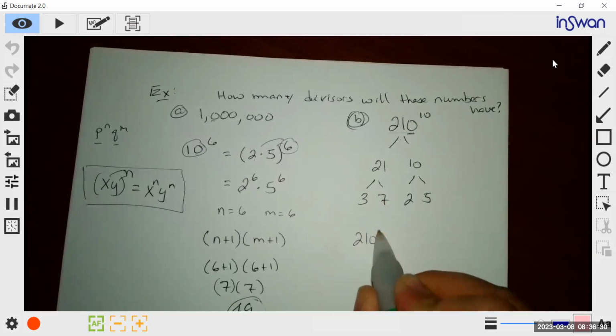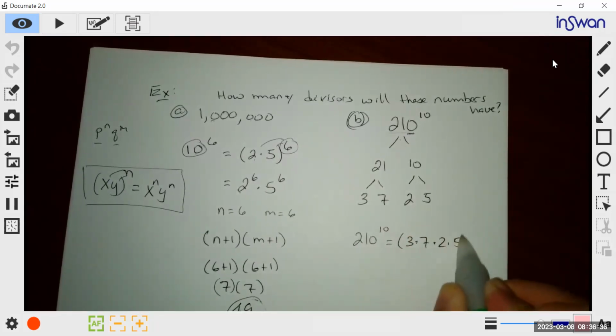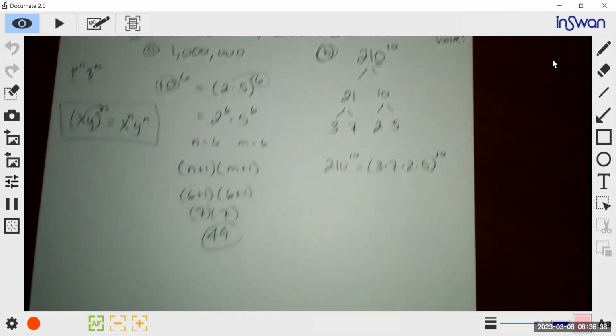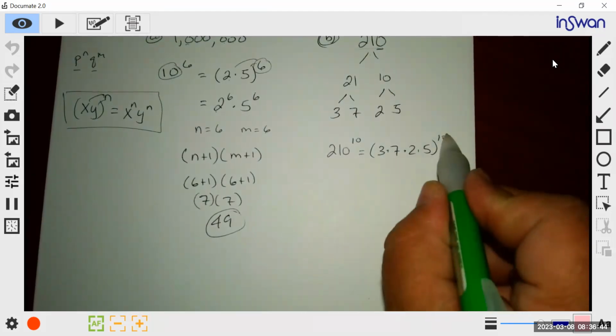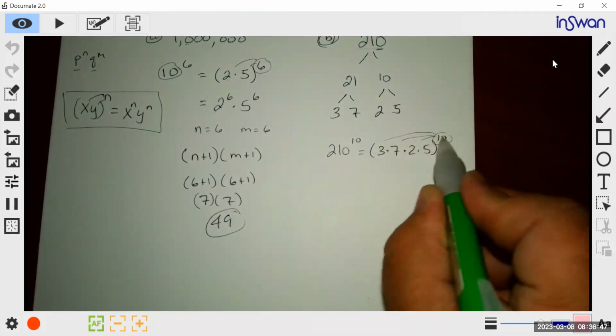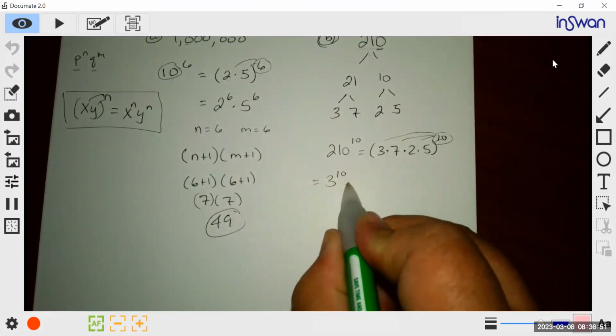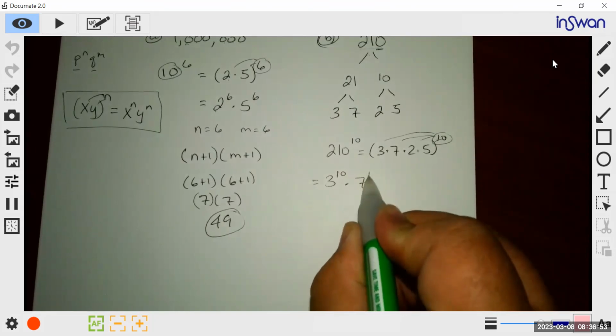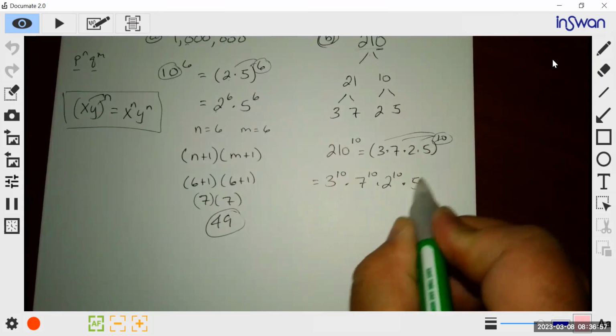So 210 to the power 10 is 3 times 7 times 2 times 5 to the power 10. Take this exponent and distribute it to everybody inside there: 3 to the 10 times 7 to the 10 times 2 to the 10 times 5 to the 10th.